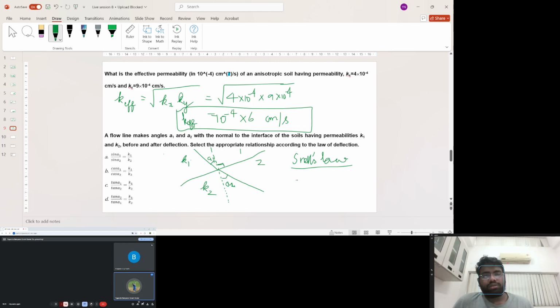So here, in a similar way, K1 by K2 is related as sine A1 by, sorry, tan A1 by tan A2. It is similar to Snell's law of refraction. Alright. So the option will be option C. Any doubts?